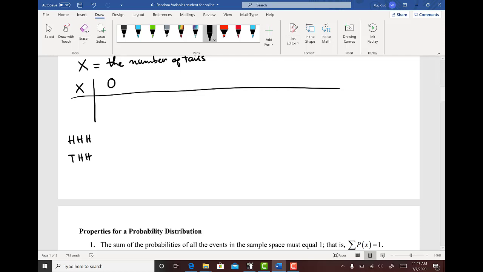Or you could have head, tail, head. Or you could have head, head, tail. So there's a total of three outcomes where we have one tail.